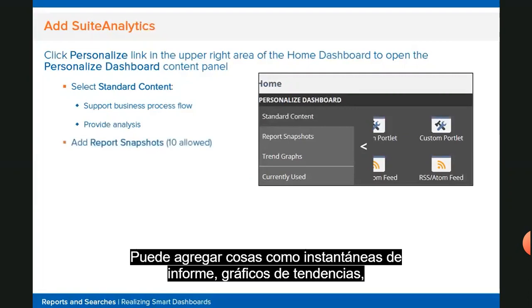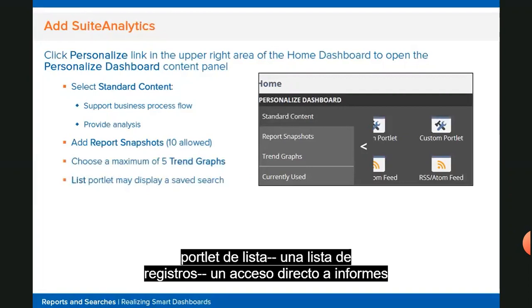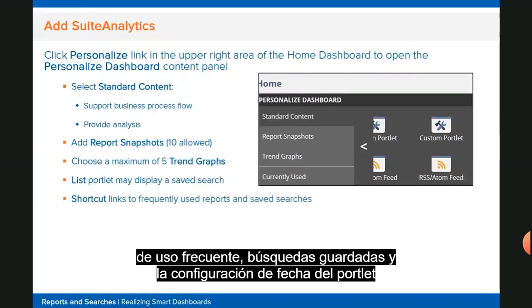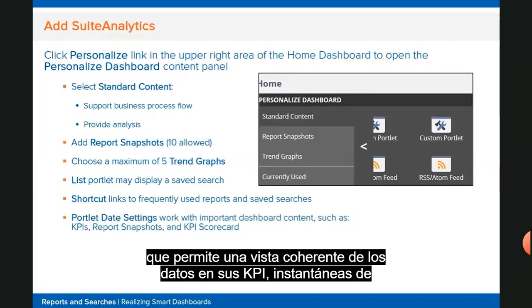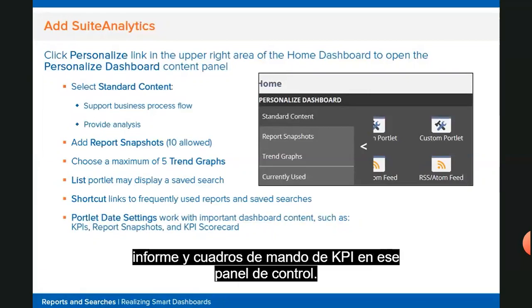You can add things like report snapshots, trend graphs, the list portlet, a listing of records, a shortcut to frequently used reports, saved searches, and the portlet date settings, allowing for a consistent view of the data throughout your KPIs, report snapshots, and KPI scorecards on that dashboard.